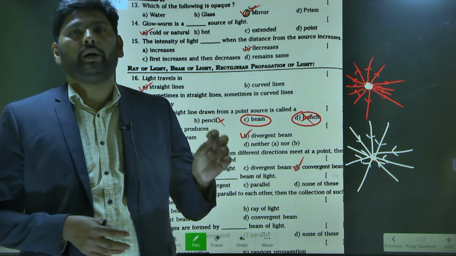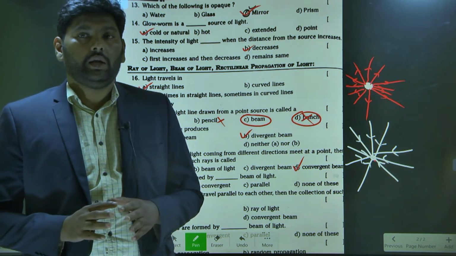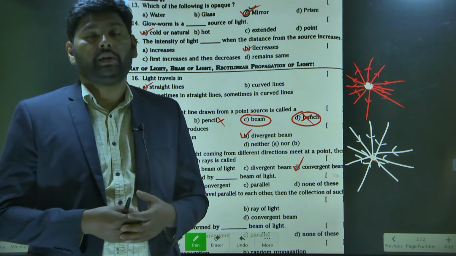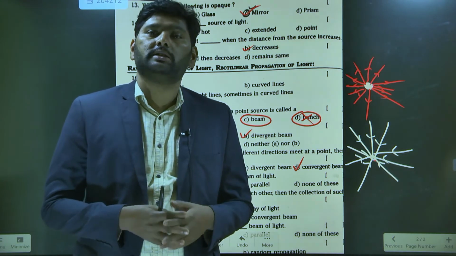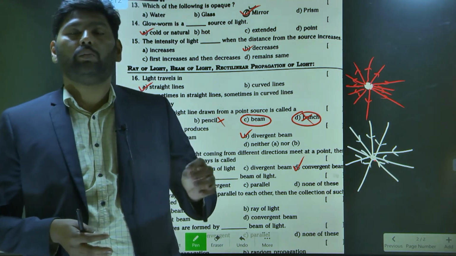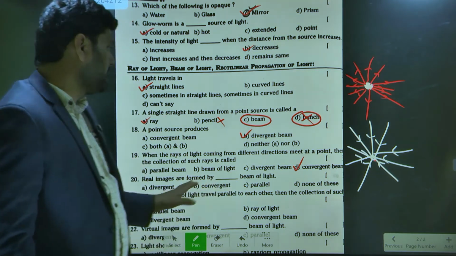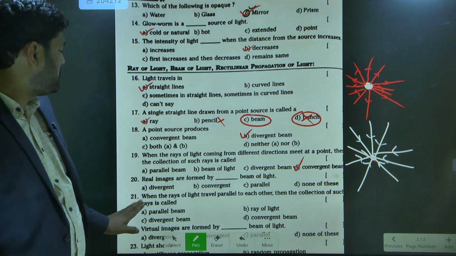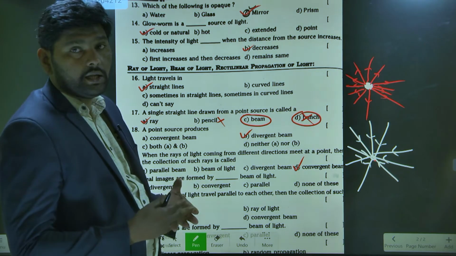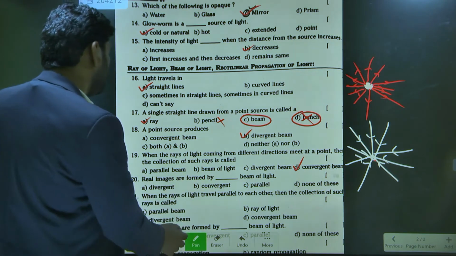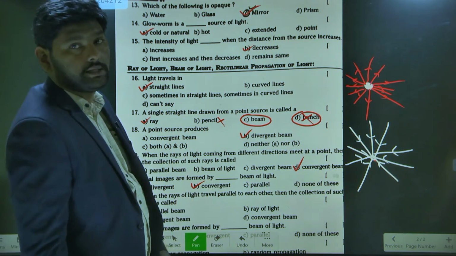The converging point we can call a real image. In the same way, after refraction, if the refracted light rays meet, the meeting point we consider as the image. The real image is formed due to actual incident rays. So the answer is convergent.